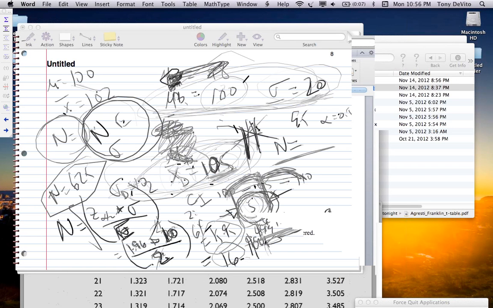And we're going to look at the various kinds of t-tests that you can use for independent and paired samples.